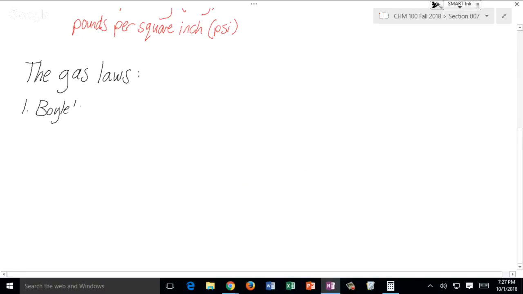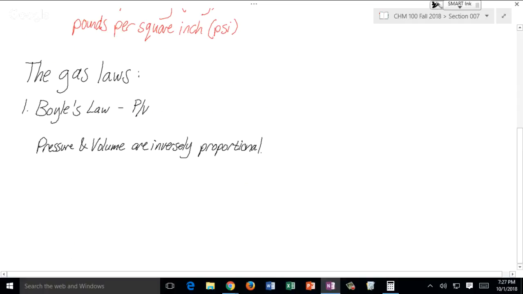So the first one we saw in there is called Boyle's law, which is pressure and volume. It just says pressure and volume are inversely proportional, which means when one goes up, the other one goes down.